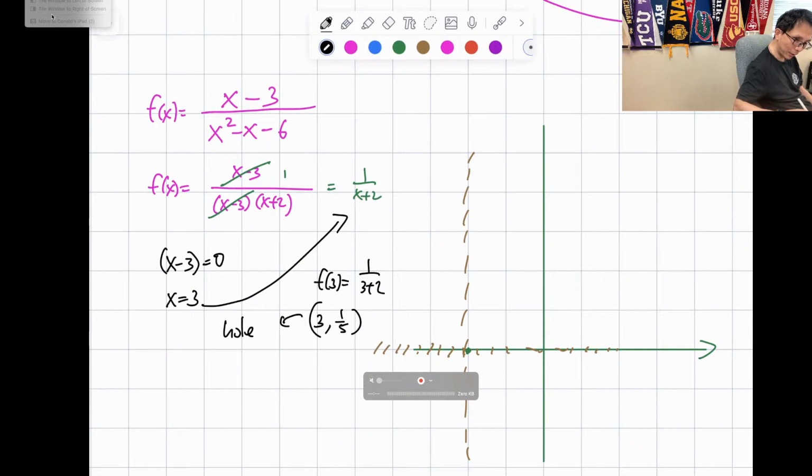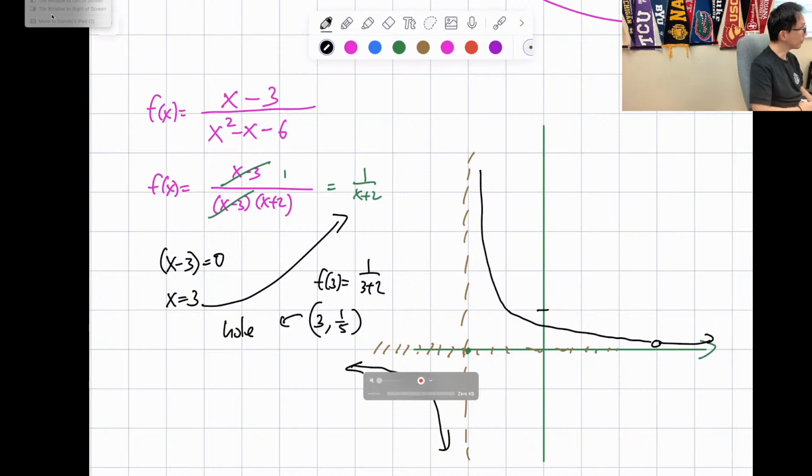So at 3 and 1 over 5 is right here. 1 over 5 is 0.2. So 1 over 5 is right here. Besides, we should know the graph's gonna be like this. And this is another part of the graph.